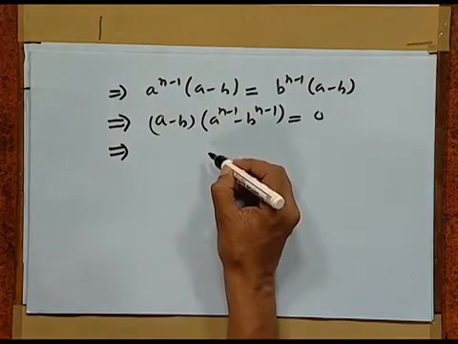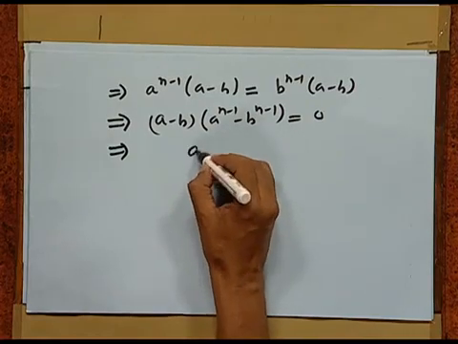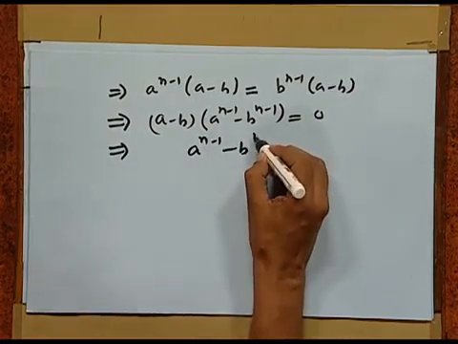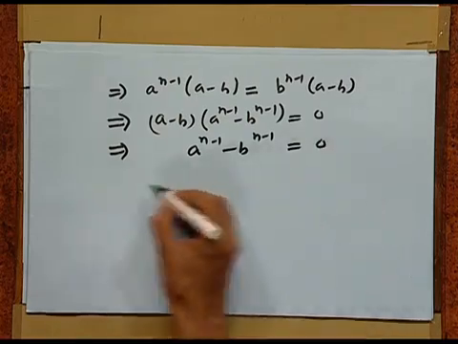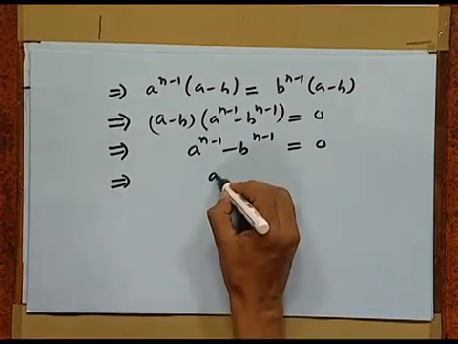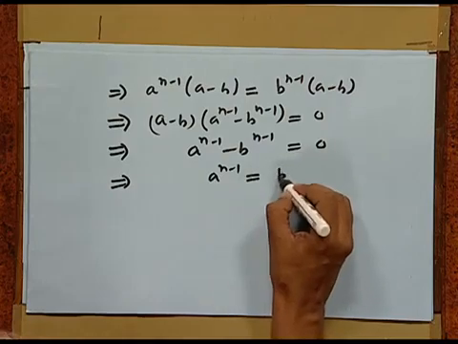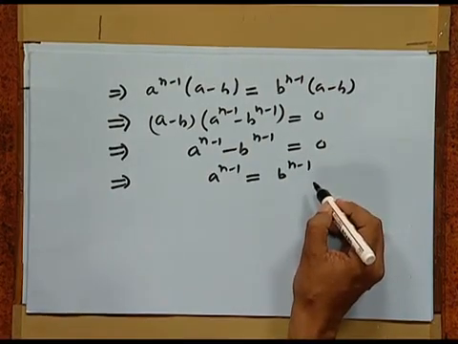We can safely assume A is not B because A and B are distinct. This implies we can cancel A minus B on both sides, so we get A^(n-1) minus B^(n-1) equal to 0. That makes A^(n-1) equal to B^(n-1). Now, since we have assumed that A is not equal to B, neither of them can be 0, because if B is 0, A is 0 and vice versa.